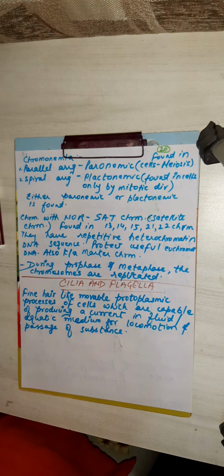In our body, cilia are also found in tracheal and bronchial epithelial cells. First we will discuss the internal structure, which is the main part; the remaining theoretical part you can study.